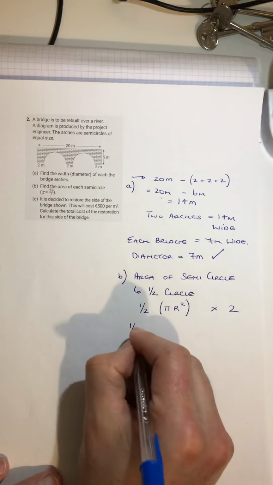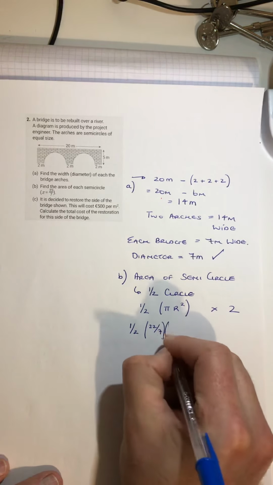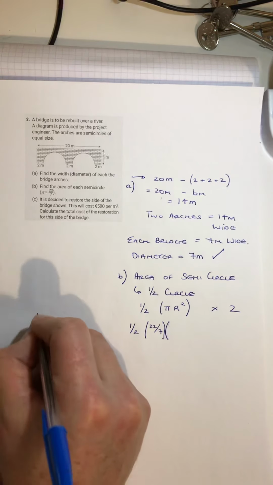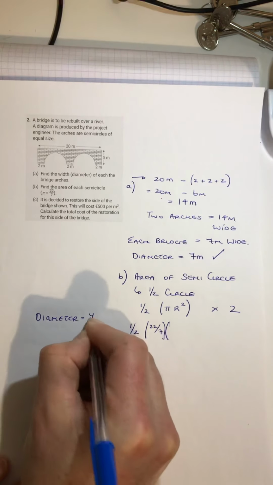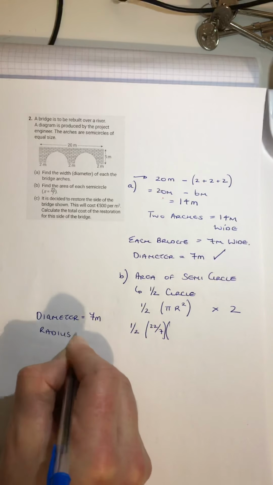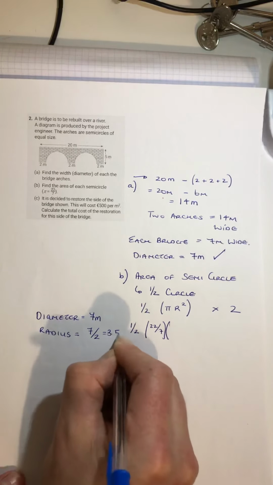So a half of 22/7. And what's the radius? Well, if the diameter is equal to 7, the radius will be equal to 7 divided by 2, which is 3.5.